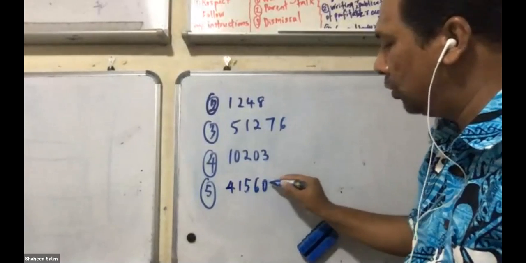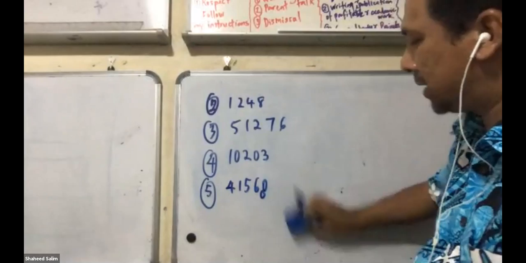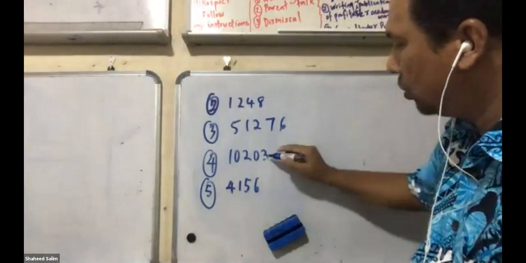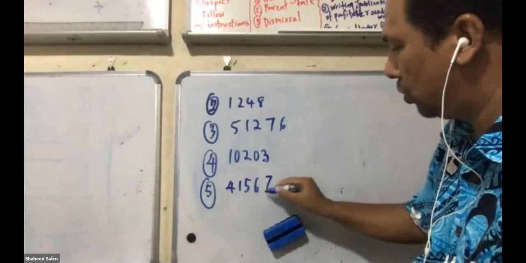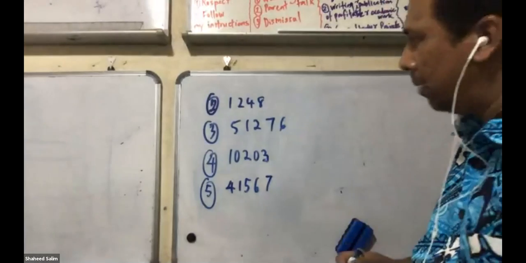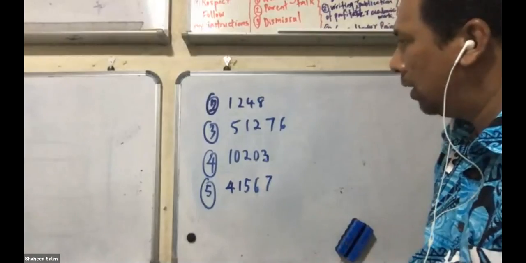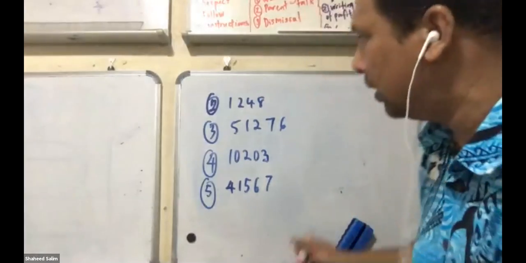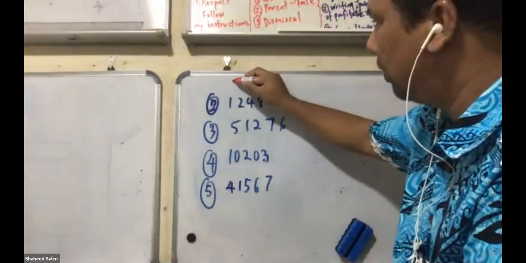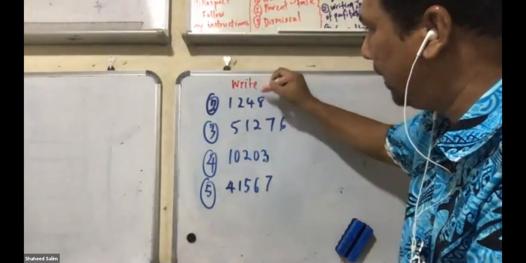After that, I need you to show me your exercise book. Once you are done, show me the exercise book. I'll show you how to show. I am going to underline the digit. I want you to find the value of the digit. Don't need to copy this question.